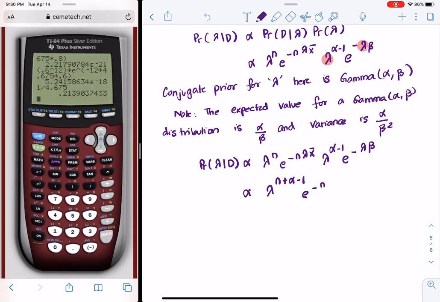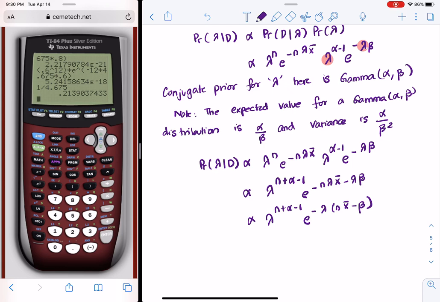I'll have negative n lambda x bar, negative lambda times beta, and I have lambda in common. So I would end up getting lambda times n x bar minus beta.